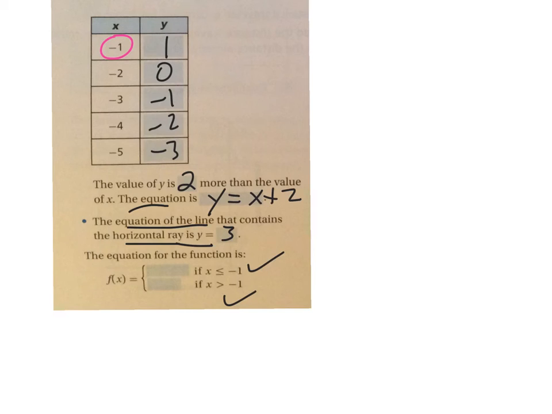So we're going to put x plus 2 here, and then this one is 3. So what you end up having is f of x is equal to x plus 2 as long as x is less than or equal to -1. And then you're going to have f of x is equal to 3 as long as x is greater than -1.